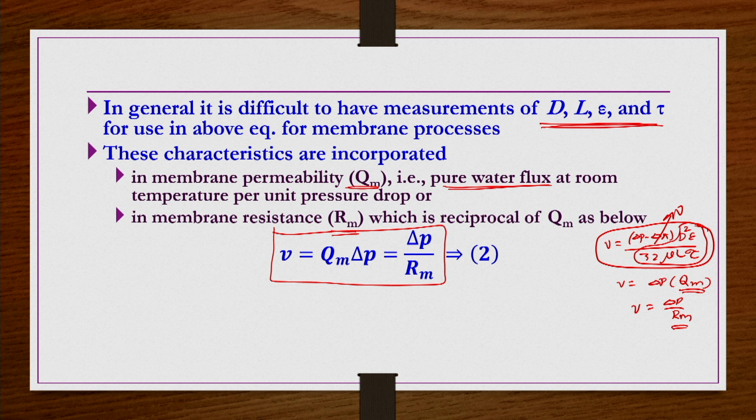But in general, if you want to write the same equation for the case where you are purifying a solution, there would be solutes, and when there are solute particles in a solvent, the overall solution would have some osmotic pressure.